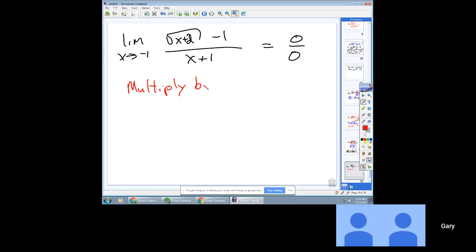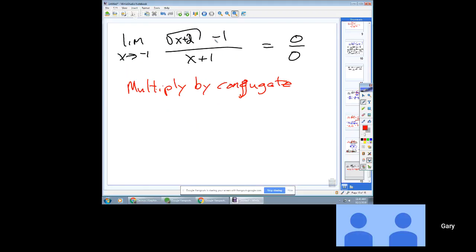Multiply by the conjugate. I need the conjugate of the thing that's the most trouble, which is the square root. Conjugate means change the addition to subtraction or subtraction to addition.